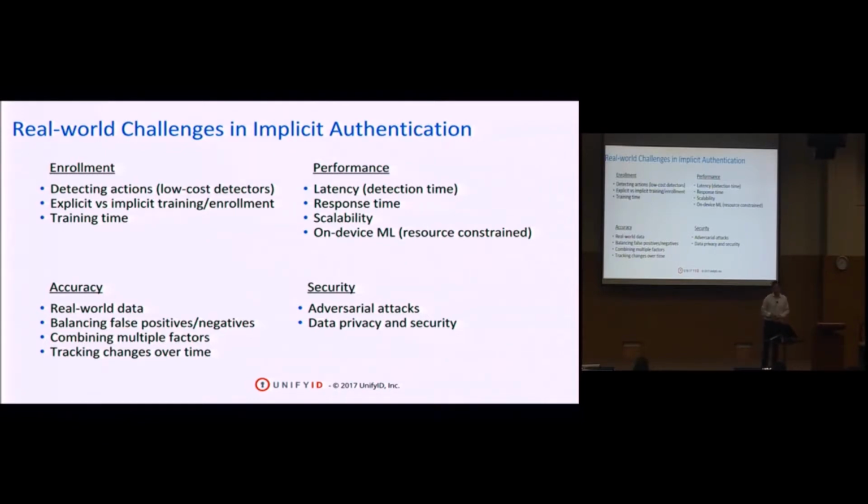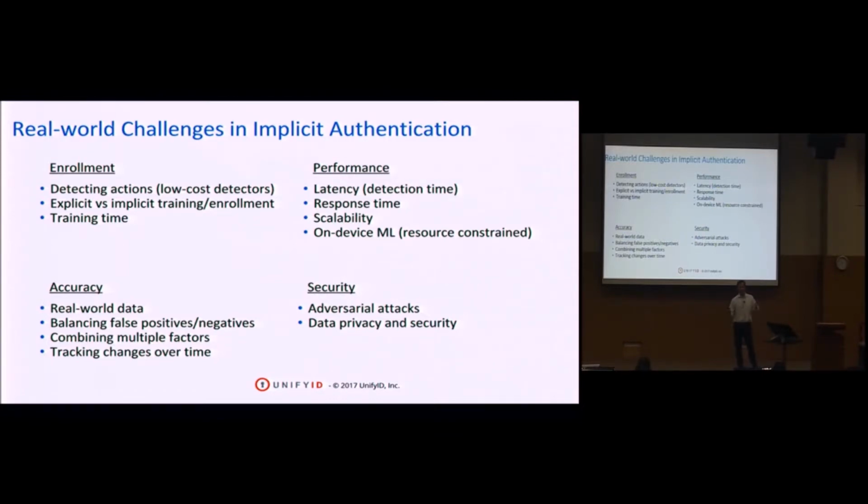But there's a lot of challenges in actually implementing something like this in the real world. So I split it up into 4 categories: enrollment, performance, accuracy, and security. On the enrollment side, you think, well, how do I actually learn what your behavior is? I need to be able to watch you do things.